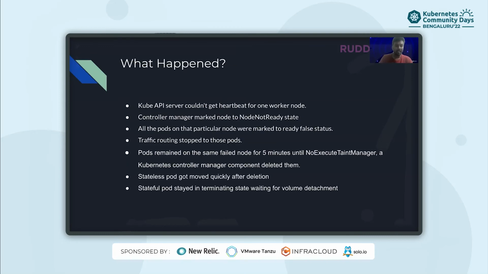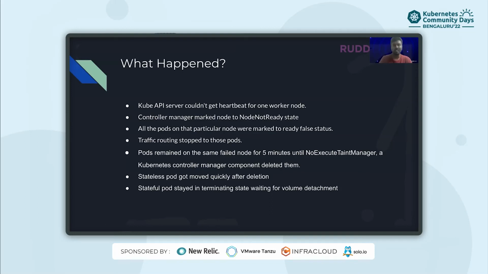So in this case, what happened was the Kube API server wasn't able to get the heartbeat for one of the worker nodes. When we looked at the logs and all our metrics and network usage, what we noticed was there was nothing coming out from that node.